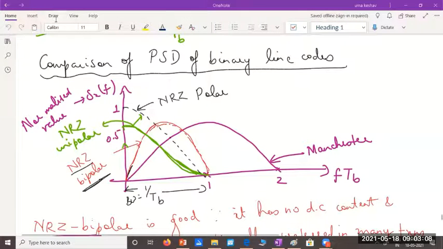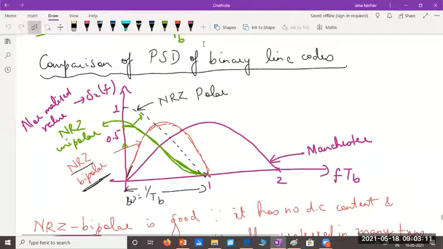And then we considered NRZ unipolar, the one shown in green, and the power spectral density for unipolar is maximizing at 0.5, whereas for polar it was 1.